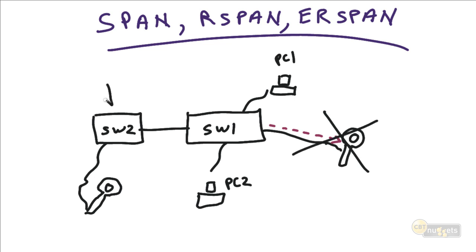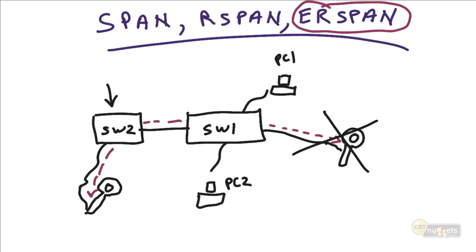We plug it in over at switch 2, and we're going to be able to forward the traffic over to that particular destination, even though it is on a remote switch. Pretty neat. Now, I do not think that ERSPAN will come up in the CCDA, but since it is a SPAN variation, I wanted you to be aware of it.